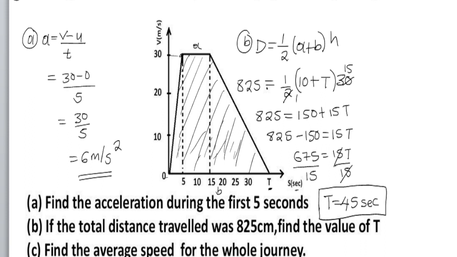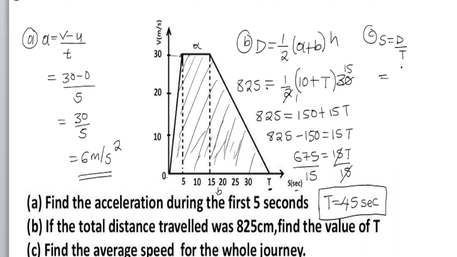Now we're going to look at the other question, which is saying find the average speed for the whole journey. Now, how do we find the speed? It's simple. So we're looking at C. Speed is found by saying distance divided by time.